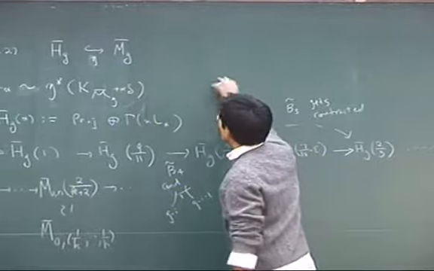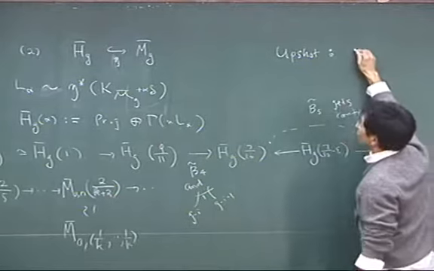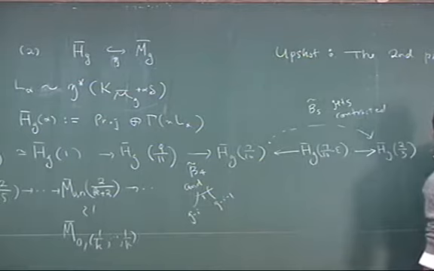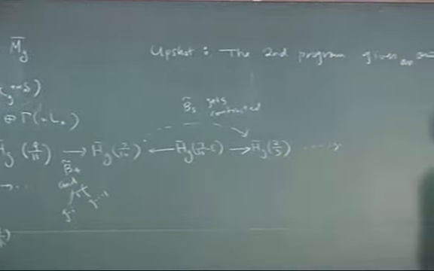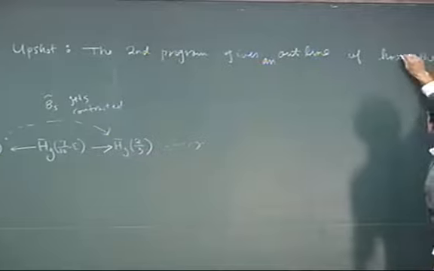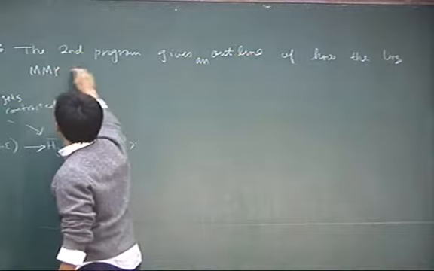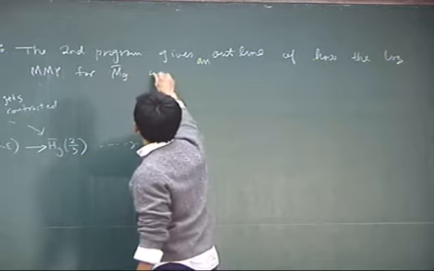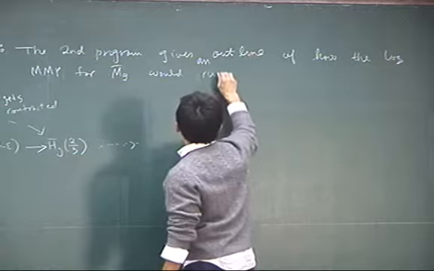The upshot here is that the second program gives an outline of how the log minimal model program for MG bar and HG bar would proceed or would run.